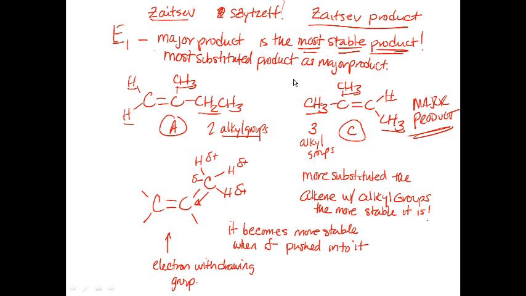But in order to be able to predict the product, you got to be able to write it, which means you have to be able to lose the beta hydrogens and then form the double bond between the alpha and the beta carbons. And then you can go ahead and count up how many alkyl groups are attached to each of the double bonds. Okay.